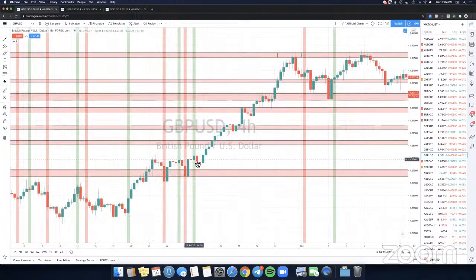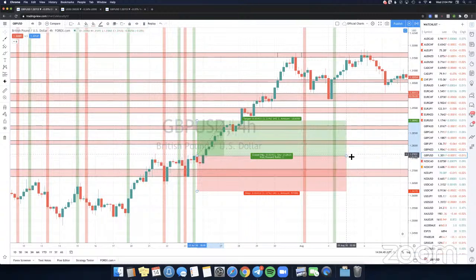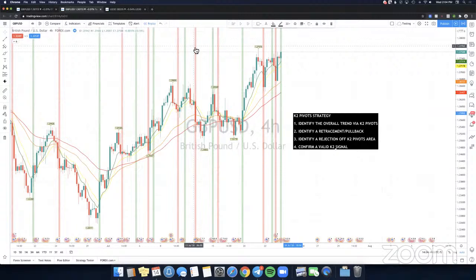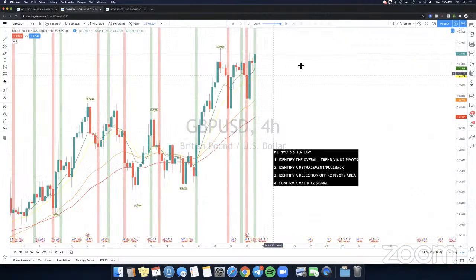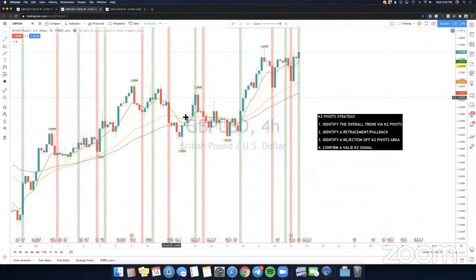This is an entry for the zone strategy where price broke the zone and we got a buy signal, so we would have taken a buy position right here. However, this same entry lines up with the same one we're looking at over here. This is the same exact entry using two different strategies. But the K2 pivot strategy is probably one of the easiest ones to use for the most part, because it's so simple.